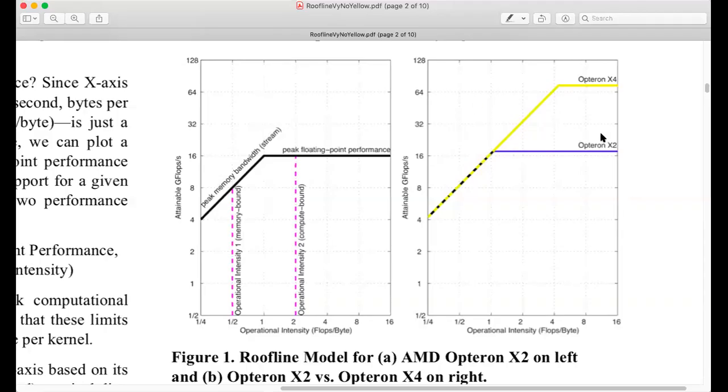And so now let's look at the Opteron X2 and X4. X4 is a 4-core processor, and possibly it may have some SIMD lanes, that is vector lanes, in it. Because of that, the available gigaflops in Opteron X4 is somewhere around 64 gigaflops per second.